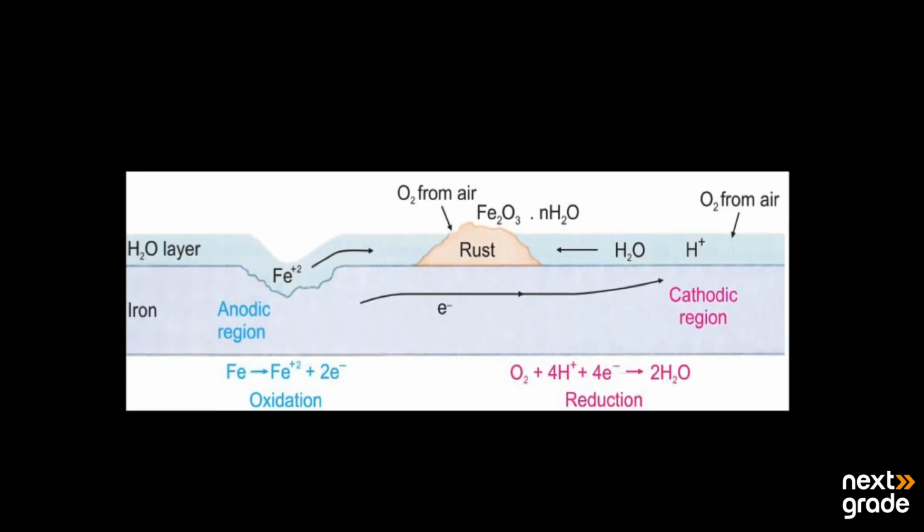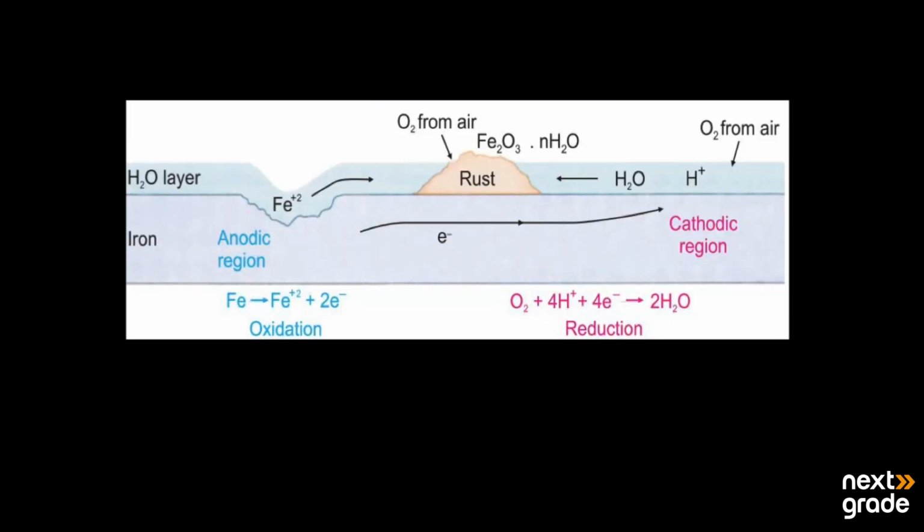And here we have a pictorial way in which we can explain the oxidation and reduction during the rusting process. This is basically the surface of the iron. At one side, the ridges are present over the surface of the metal where the iron has made contact with the water, and it loses electrons.